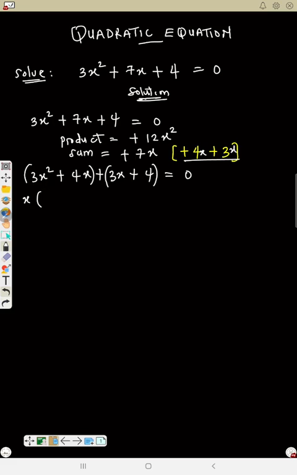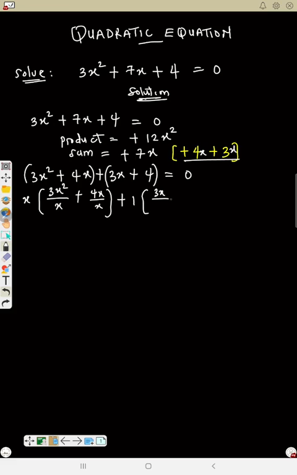So I said anything that is common, divide the rest. So you can easily know what we have left. 3s squared over s is 3s. Then plus 4s over s is plus 4. Plus, you have 3s and 4. What is common? Nothing. But we can say 1 is common.